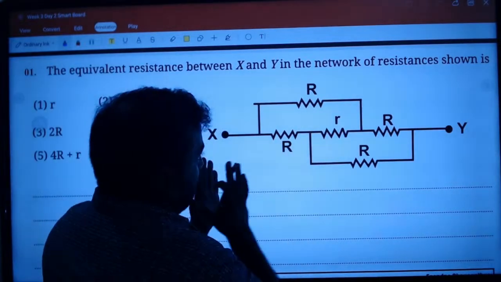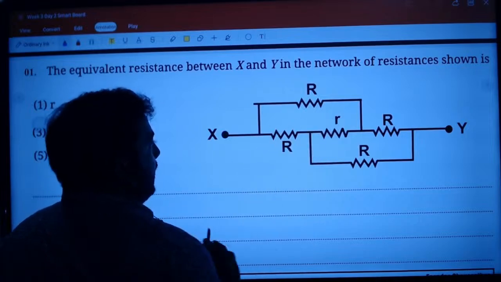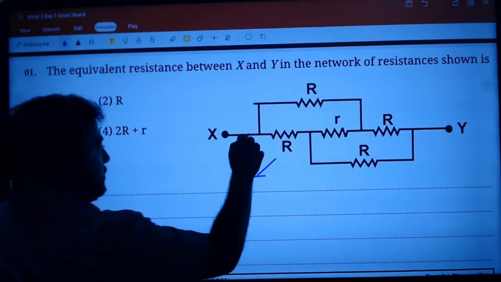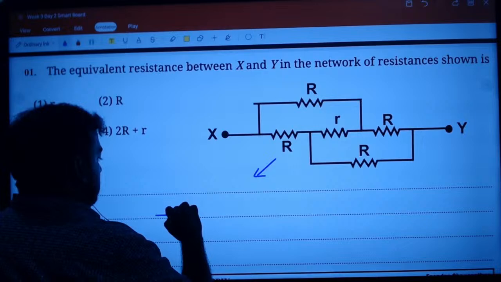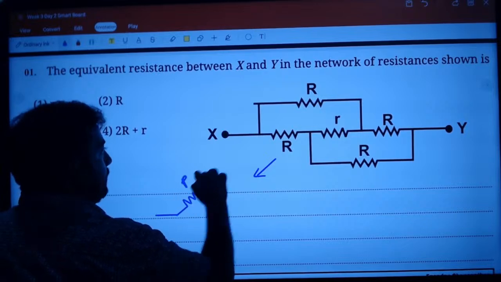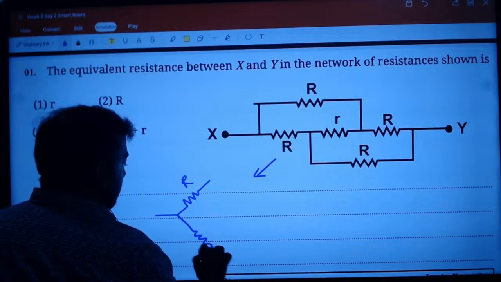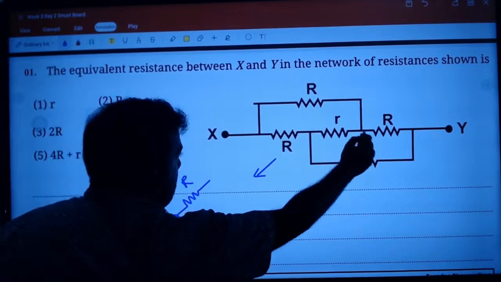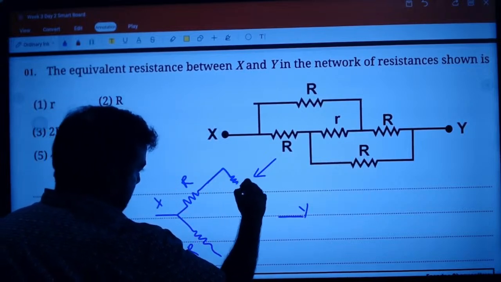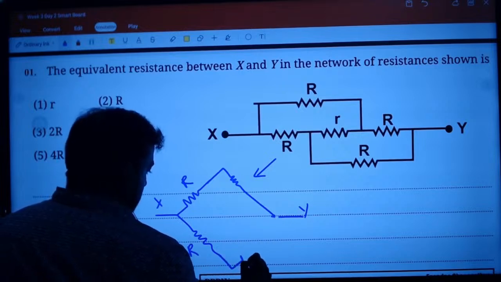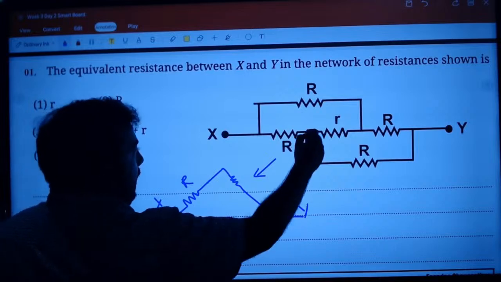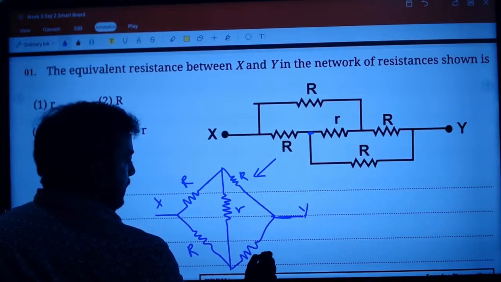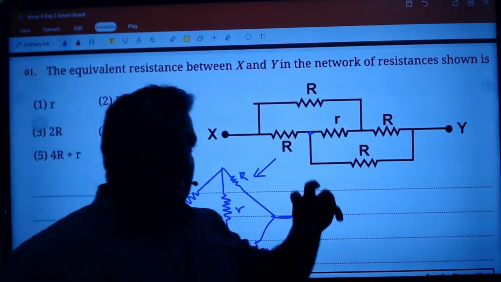Now, when we did this in capacitors, this configuration is connected to a Wheatstone bridge. So you can easily connect this resistor R, terminal X, terminal Y, resistor R, and connecting these two terminals you have resistor R. All of you know the Wheatstone bridge rule, the same rule you use for capacitors.